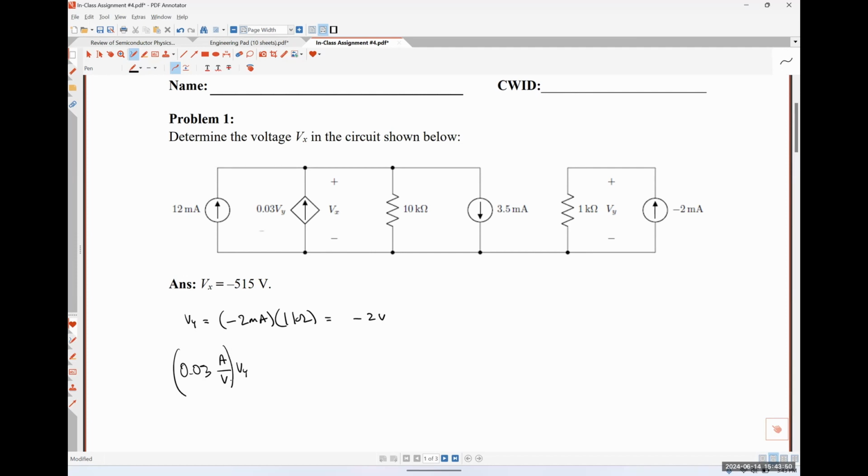So 0.03 amps per volt times Vy is going to look like 0.03 amps per volt times -2 volts. I believe that comes out to be -60 milliamps, or -0.06 amps. Everybody okay with that?